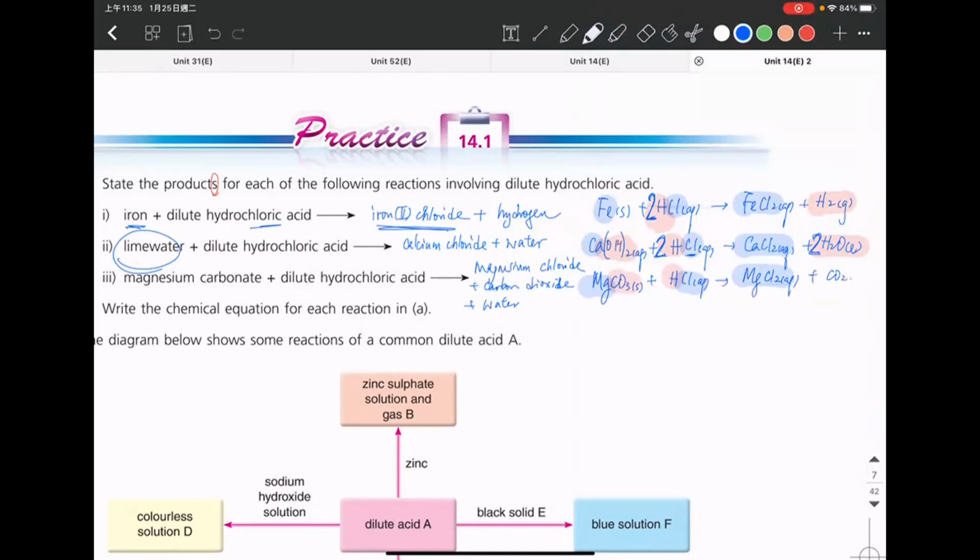Carbon dioxide and water. Now we missed out one thing again, balance the equation. So how to balance it? 1, 2, 1, 1, 1. Yep, it's 2 here. MgCO3, 2 HCl, MgCl2, CO2, H2O, and it has been balanced.